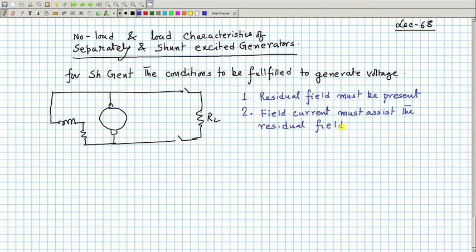And third point is the field circuit resistance must be below a critical value.